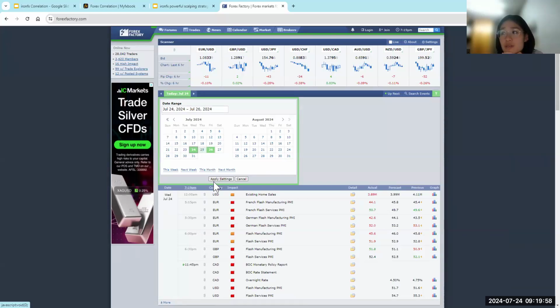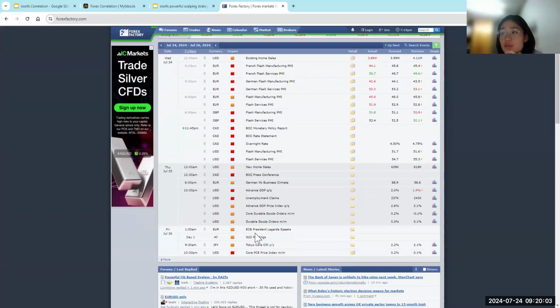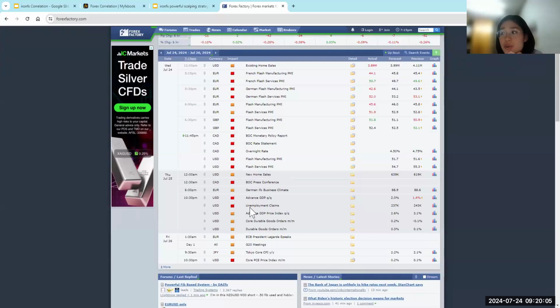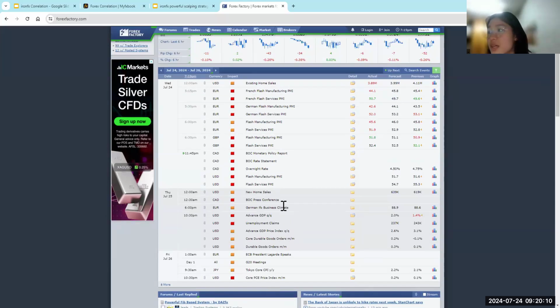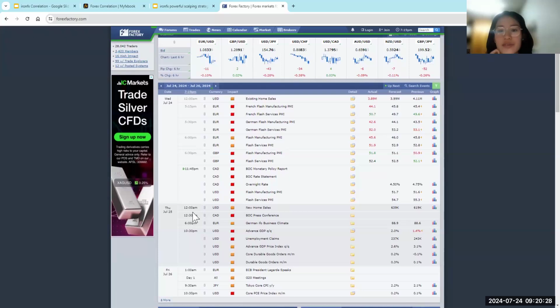If we look at this week's events, I'm looking at Wednesday to Friday. Every Thursday we have the US unemployment claims results. Another really high impact event would be your FOMC meeting, which we don't have this week. On this calendar we normally filter out the medium to high impact events so that it just focuses on the events that will have the greatest impact on our charts.